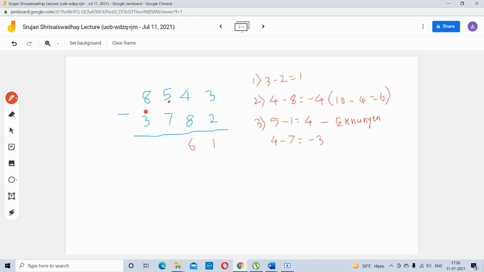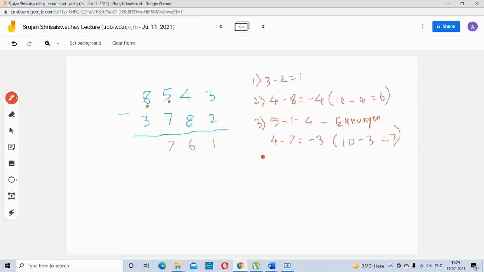So you are going to put a dot because a minus answer is there. Now 10 minus 3 comes out to be 7. So write a 7 over here.